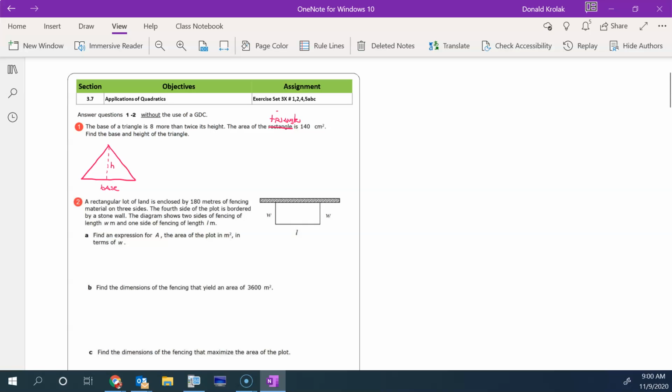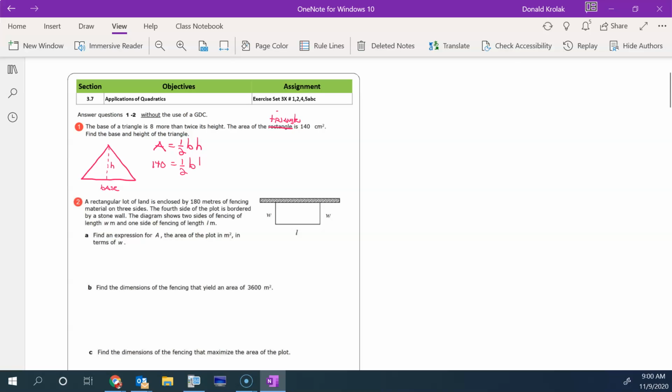All right. So I know that the area of a triangle is 1/2 base times height. Okay, so I can take out the letter A and put in 140.